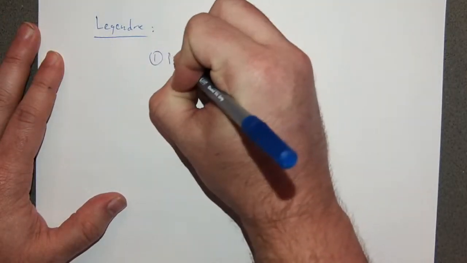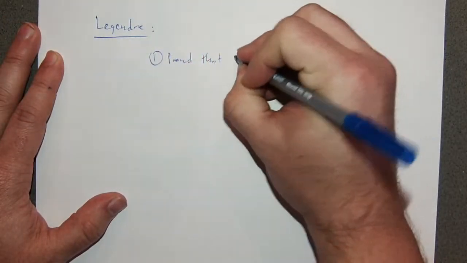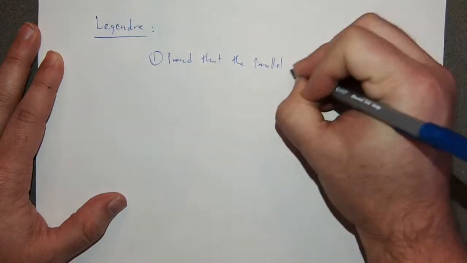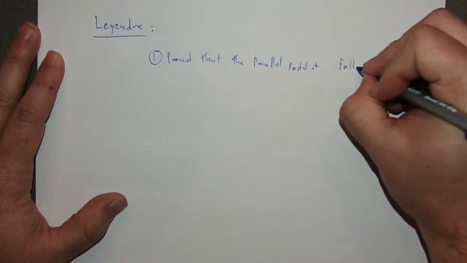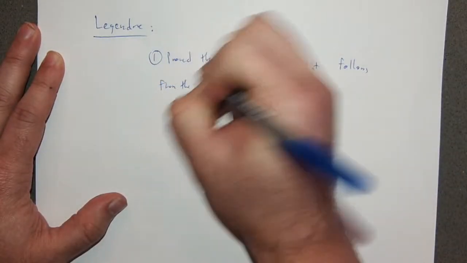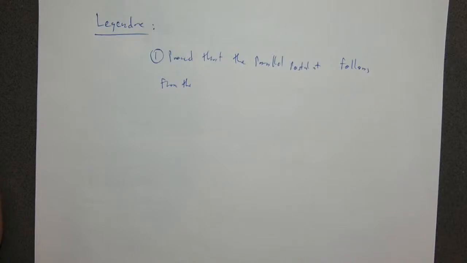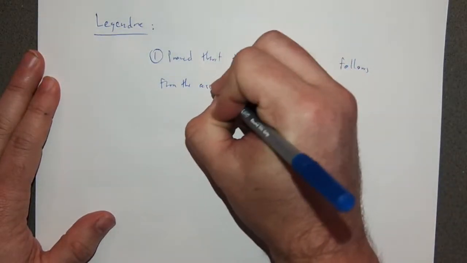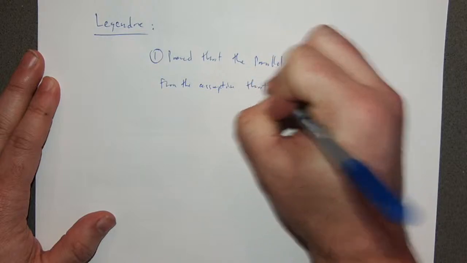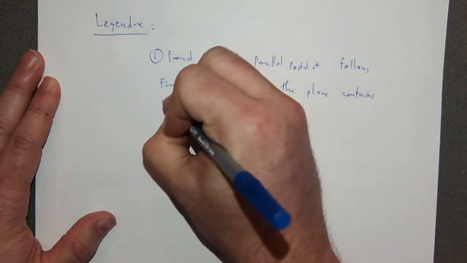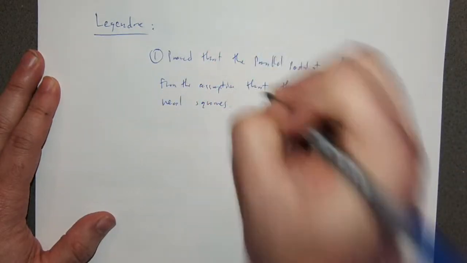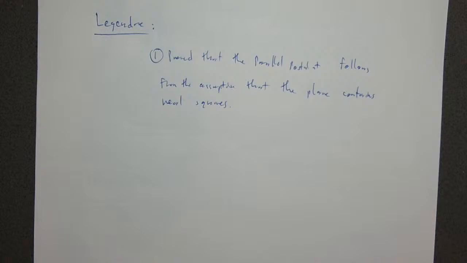So he proved that the parallel postulate follows from the assumption that the plane contains real squares, i.e., quadrilaterals with four equal sides, each of whose angles is a right angle.